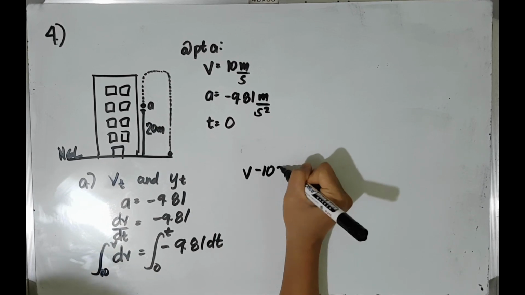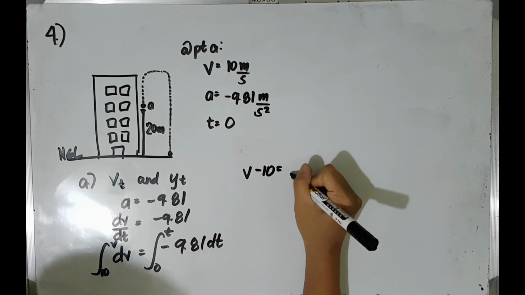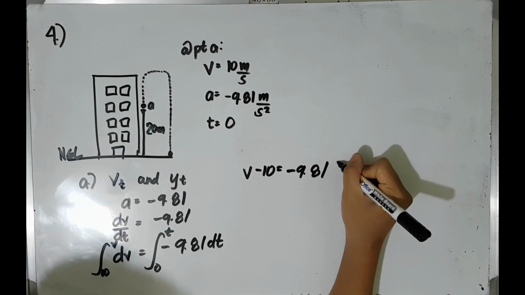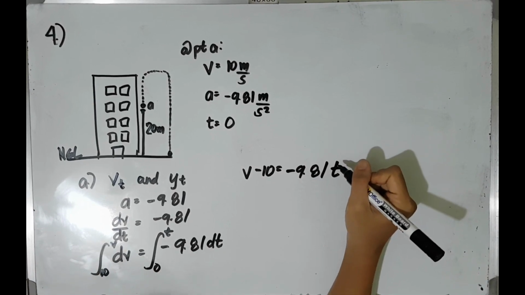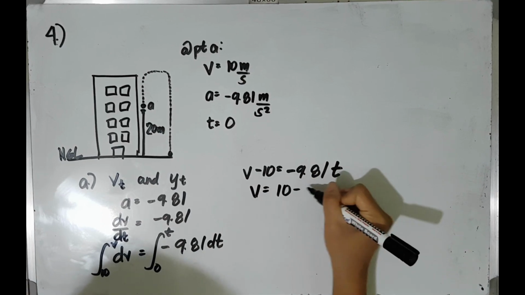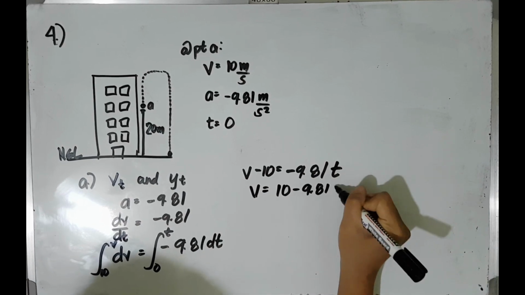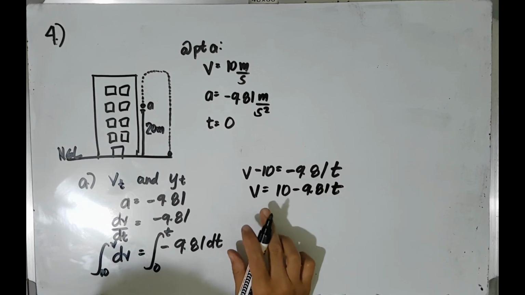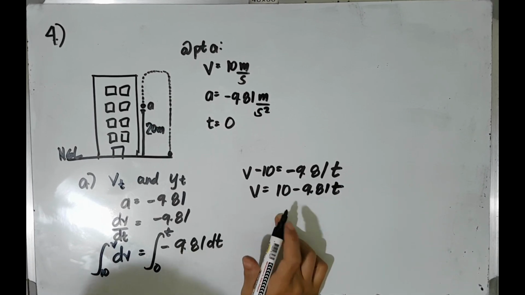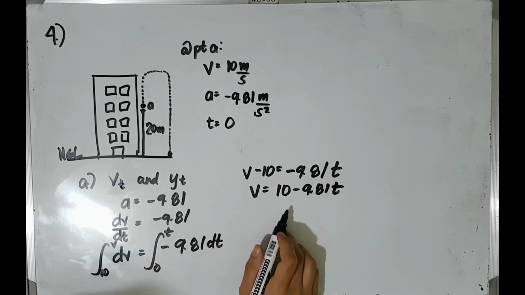So integrating, v minus 10 is equal to negative 9.81 t. So simplify, v is equal to 10 minus 9.81 t. So we have now the equation for velocity with respect to time.